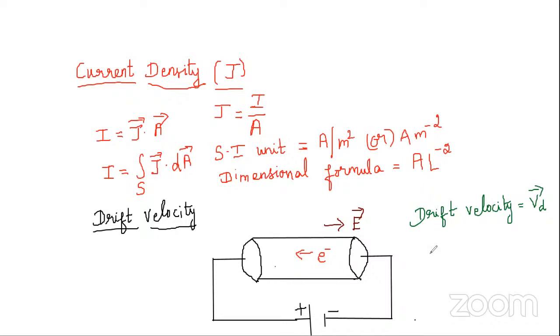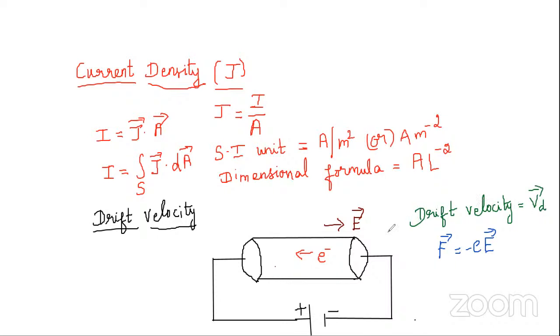The force acting on the electrons is given by F equal to minus e into E, because F equal to Q into E. Here the charge of the electron is negative, so we use the minus sign. This is the force acting on each electron. Now what is the expression for this drift velocity? For that we will be discussing now.